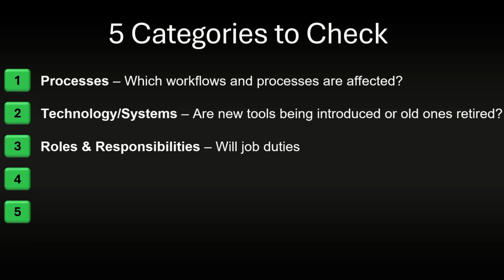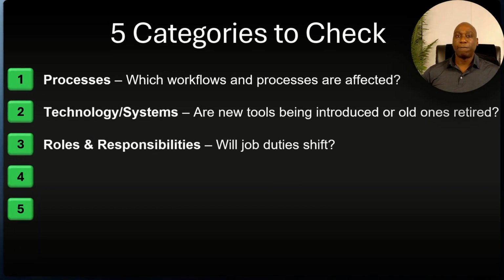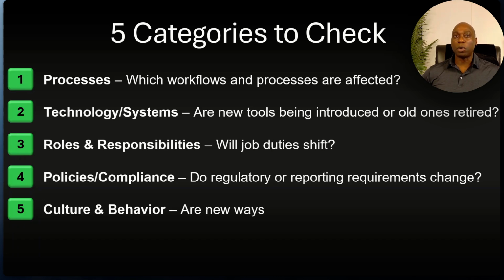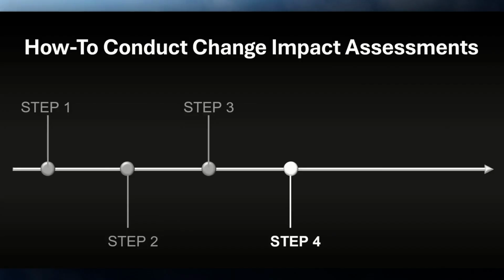Will job duties shift? 4, policies and compliance. Do regulatory or reporting requirements change? 5, culture and behavior. Are new ways of working or values being reinforced? Which moves us to step 4.